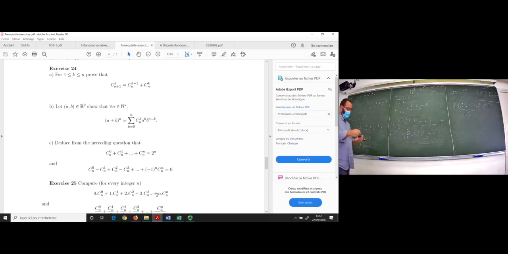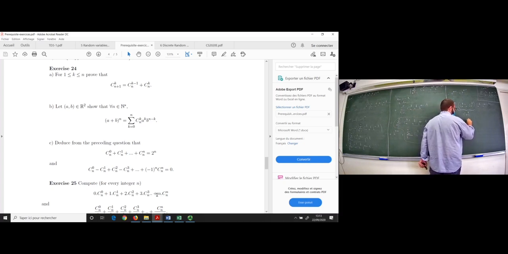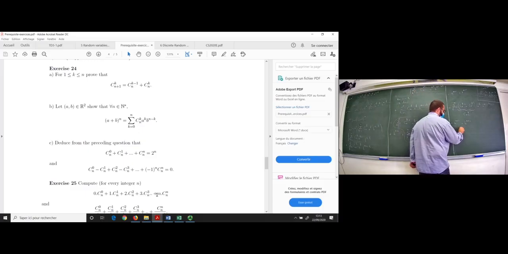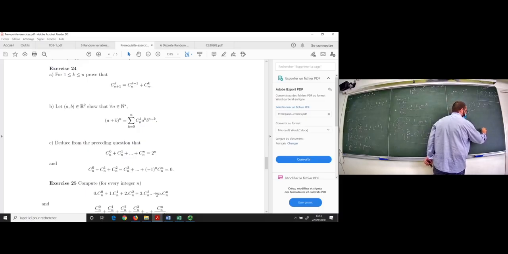Okay? So let's write what I have at the end. I have a^(n+1) plus b^(n+1) plus the sum from k equal to 1 to n of C(n+1, k) a^k b^(n+1-k).